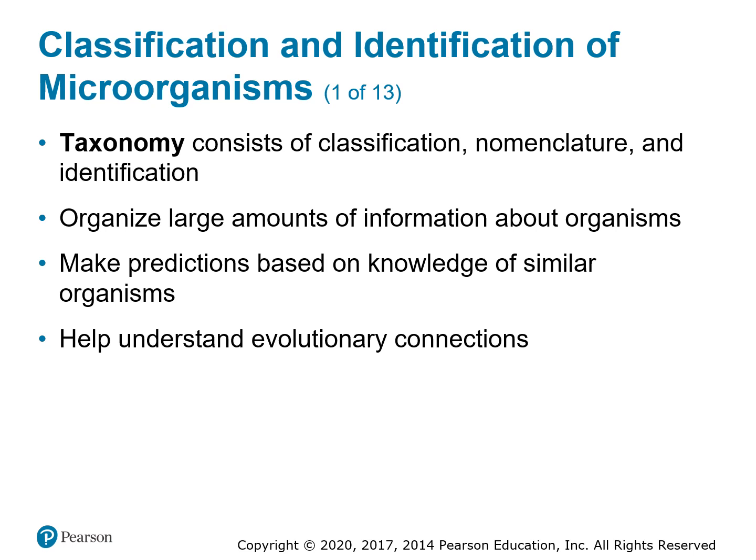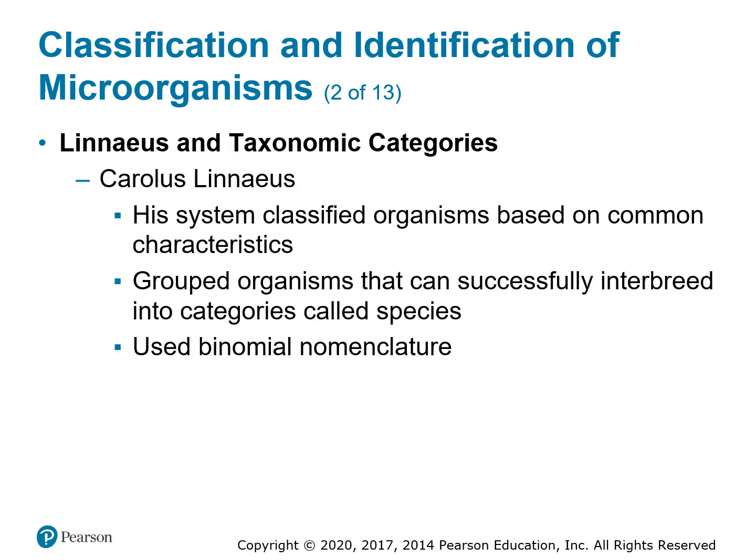Now moving on to classification. Classification of organisms is known as taxonomy, and this is where we organize living things based on the information that we have about them. It helps us understand the relationships, similarities and differences between the organisms that we have. In 1753, Carolus Linnaeus established a system where he used binomial nomenclature.